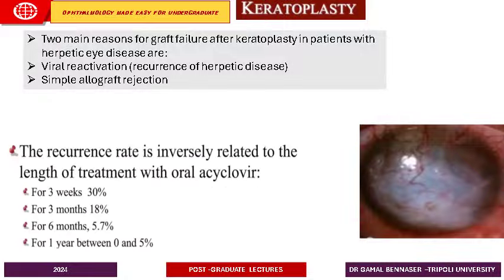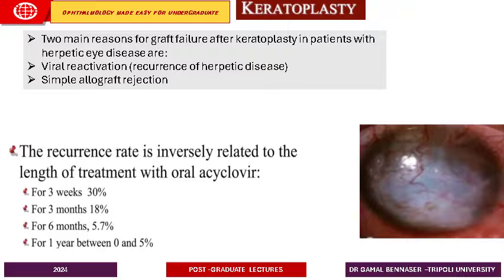However, those who receive the prophylactic oral antiviral treatment have an inverse relationship with the duration of its use. If the patient uses it for 3 weeks after the surgery, the incidence of recurrence will drop down to 30%.